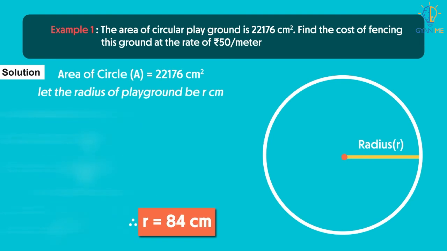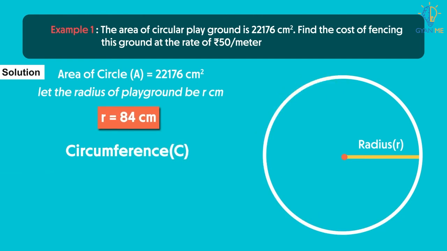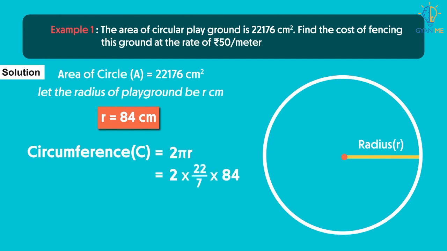Now, let us calculate circumference. The formula of circumference of the circle is equal to 2 pi r. Now, after substituting the values, we get 2 into 22 upon 7 into 84. On simplification, we get value of circumference as 528 cm.